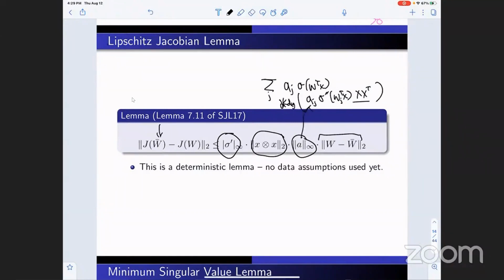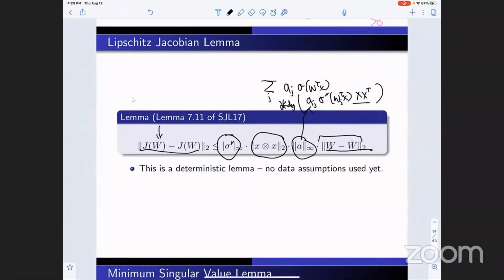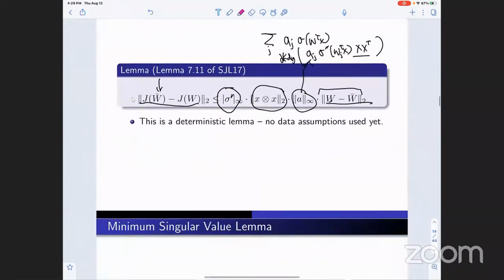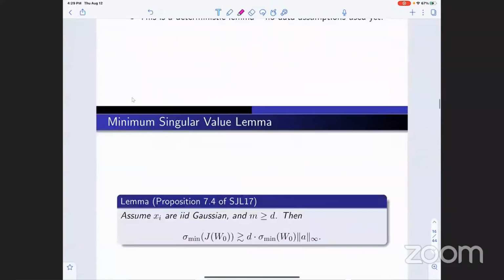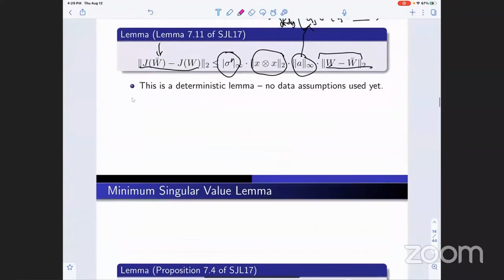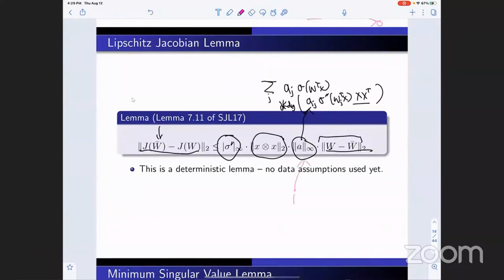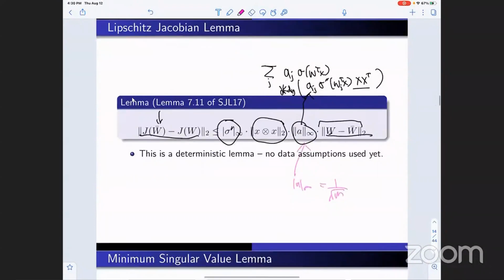There's A's here. And sorry, there's a prime missing here. And W minus W bar up here, that's the movement. And this is a deterministic lemma. Like I said, it just follows from the backpropagation equations. And the rescaling trick is just to make these very small. In what is now called NTK parameterization, if you just set these to 1 over root m, it becomes very Lipschitz as m goes to infinity.